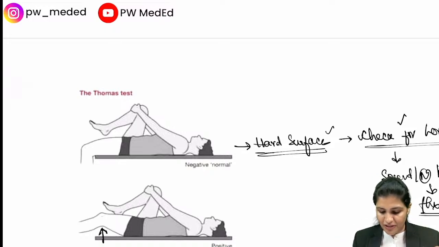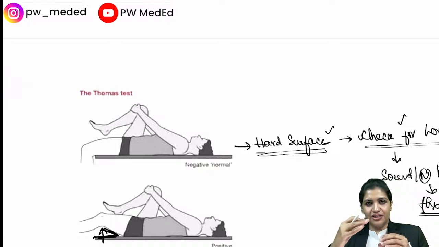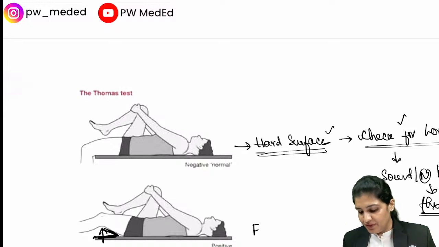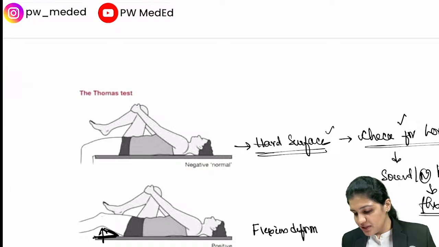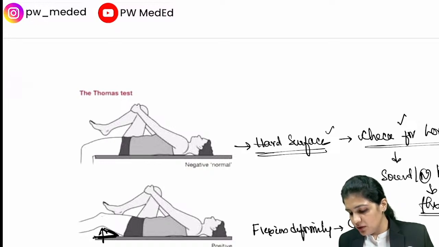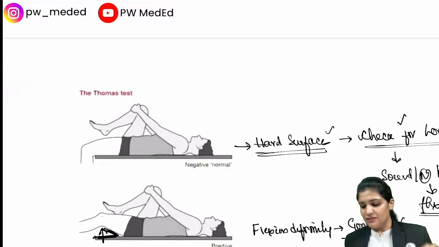The angle of that flexion of the hip to the bed or couch is your flexion deformity, and you measure it with a goniometer.